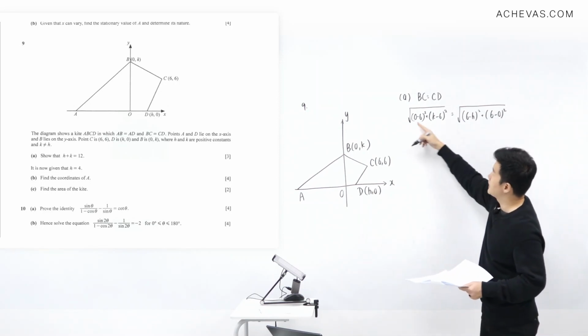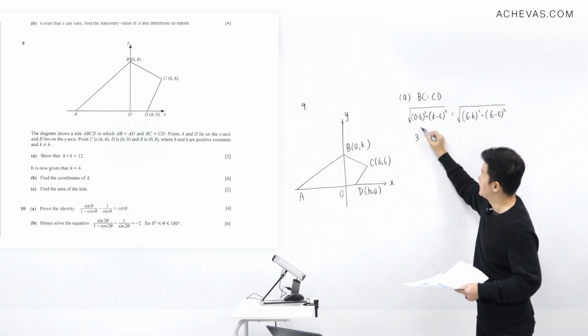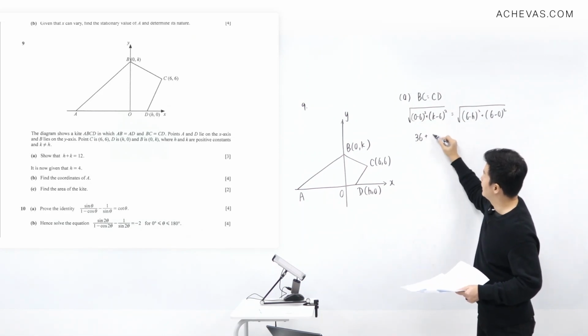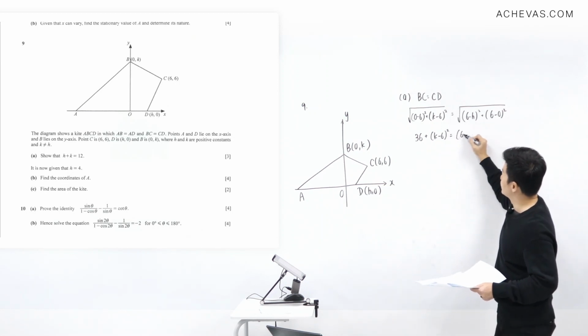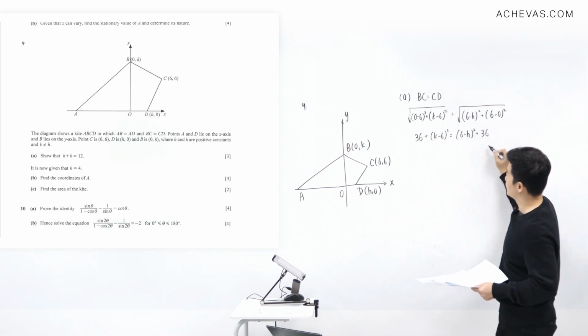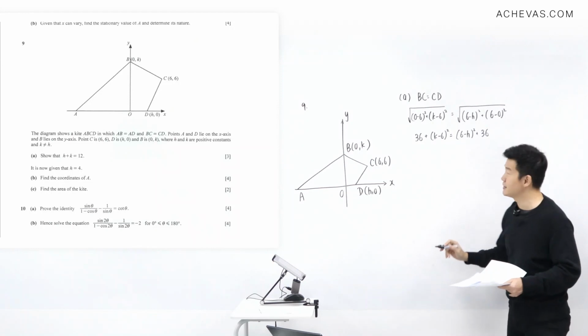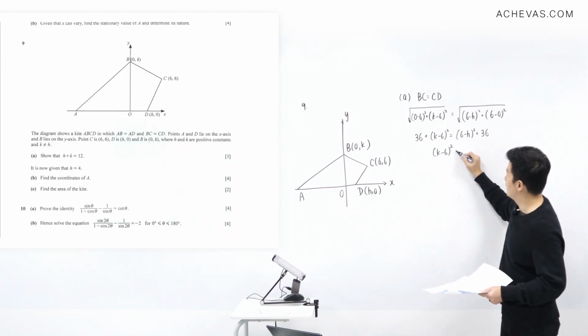If I were to square both sides, the square root will disappear. As for this, minus 6 squared is going to be 36. I'm going to leave this as it is, squared. I'm also going to leave this as it is, plus 6 squared, this is also going to be equal to 36. So 36 and 36 can be cancelled. I will be left with just (k minus 6) squared is equal to (6 minus h) squared.